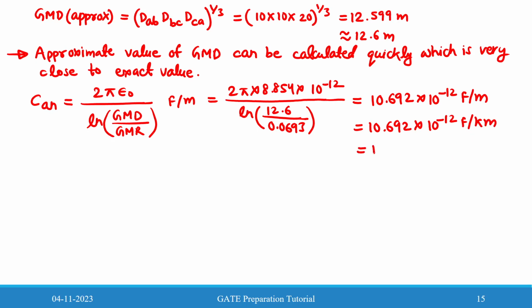Multiplying with 250, it will come as 2.673, sorry, 10 to the power minus 9.